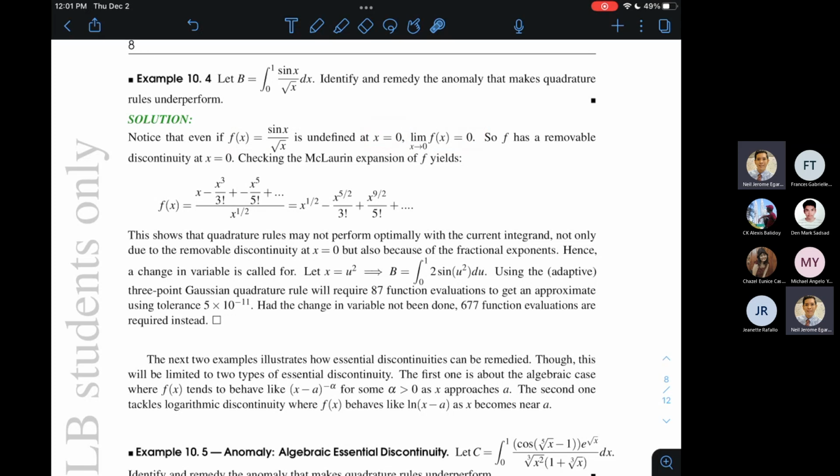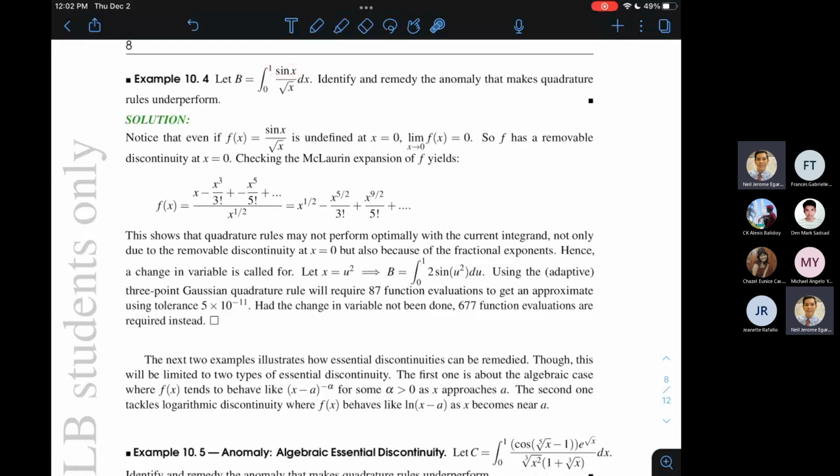Pero medyo may hinala pa ako rito na posibleng magkaroon ng problema kasi meron akong x to the 1/2 dun sa denominator. So that means I have fractional exponents. Okay? Which should remind you of our first example. Now, true enough, if you'll try to analyze the integrand further, you look at the Taylor series expansion or the Maclaurin series expansion of sine x.